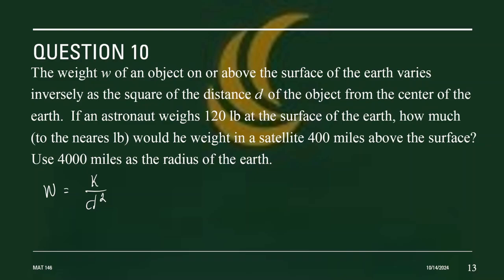This is a generalization of Newton's law of gravity, which says that the force of gravity is inversely proportional to the square of the distance from the object. That means F is k over r squared, but we found out what k is.